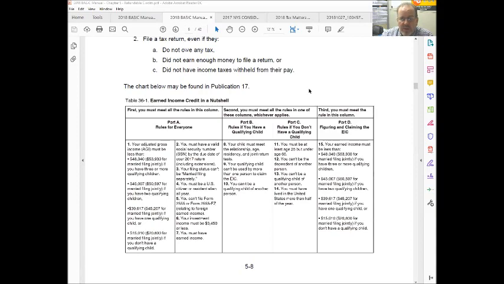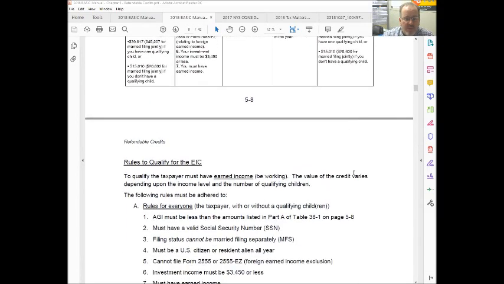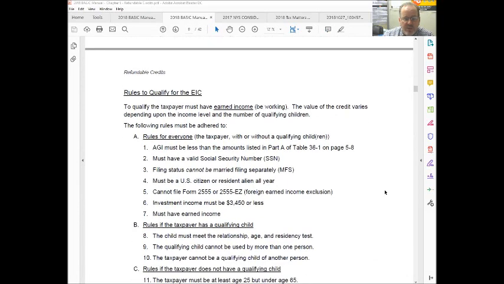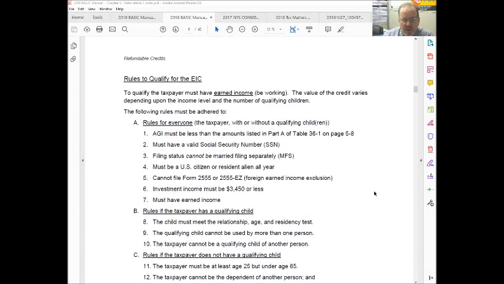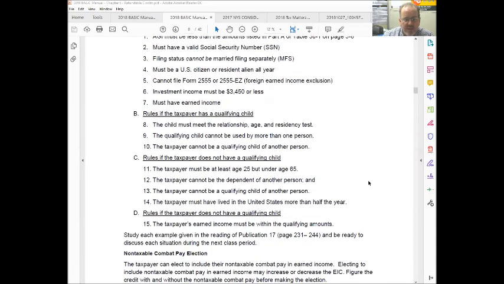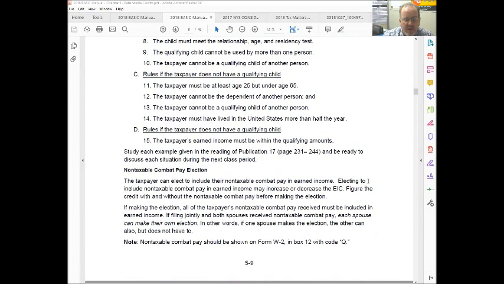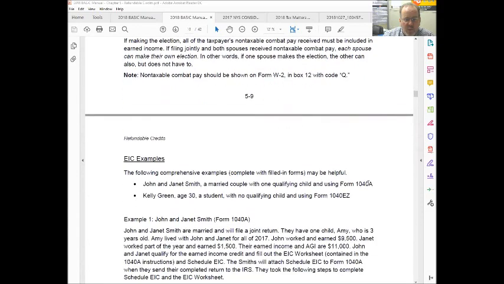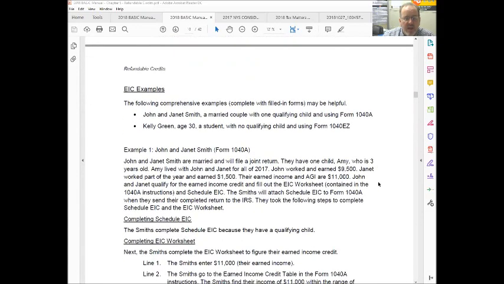So that's all those rules. And this is a little more specific about the rules for qualifying for the EIC. Meeting all those tests, the qualifying child, those are all very important.